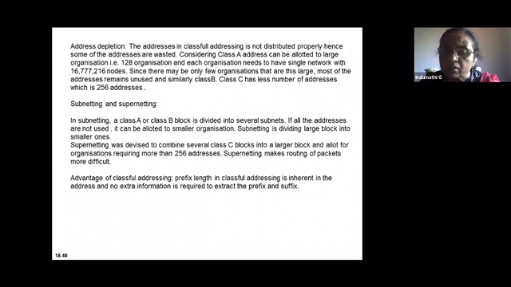And you can also subnet your addresses to an external organization also, which is not preferred by any organization. So taking a larger block of addresses and dividing into smaller blocks, and giving it to smaller organizations or smaller offices, is what is called as subnetting.